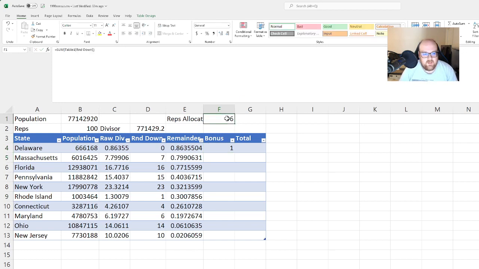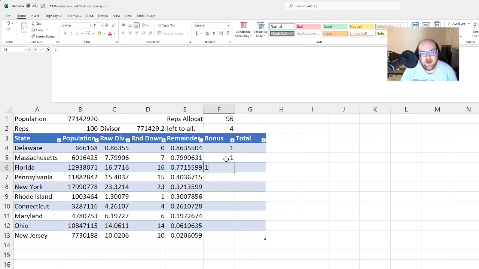And in fact, you can see that since we have 96 reps allocated, that's the sum of this, we're going to find that we have 4 left to allocate. That's going to be equal to the total number of reps minus our allocated reps, which is 4.